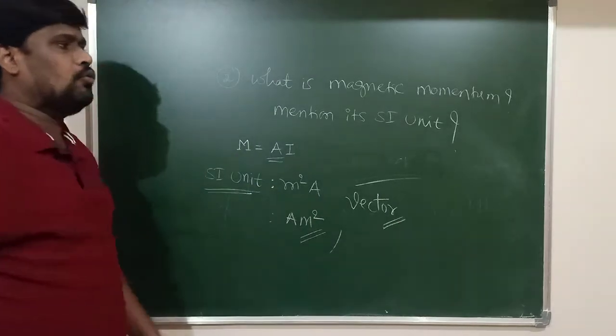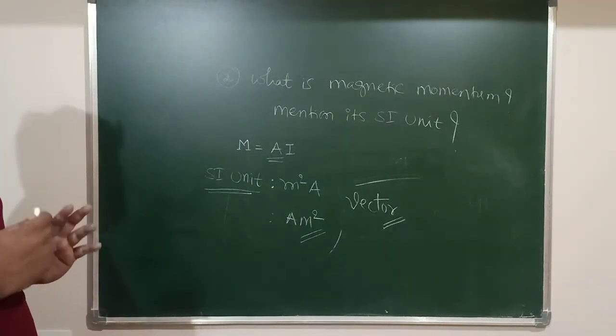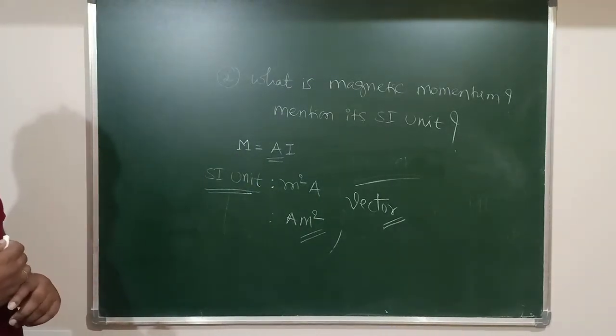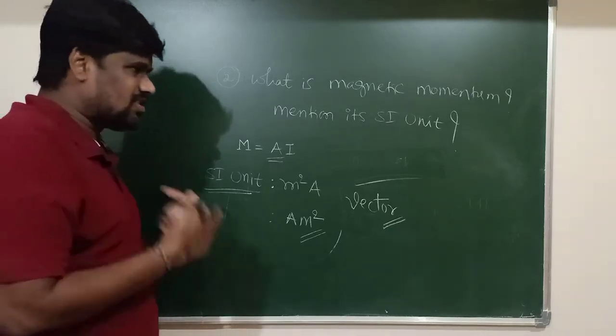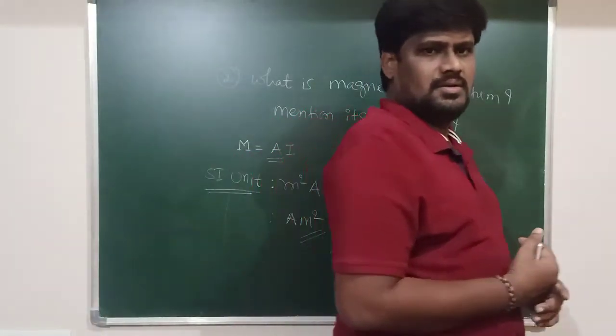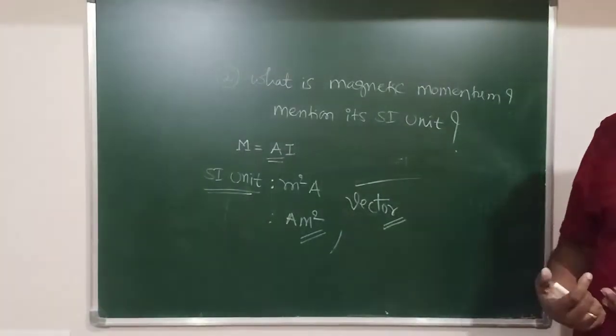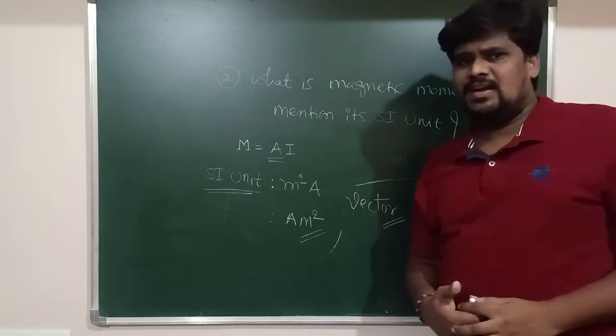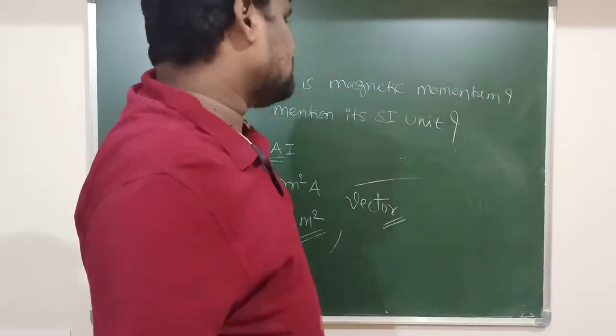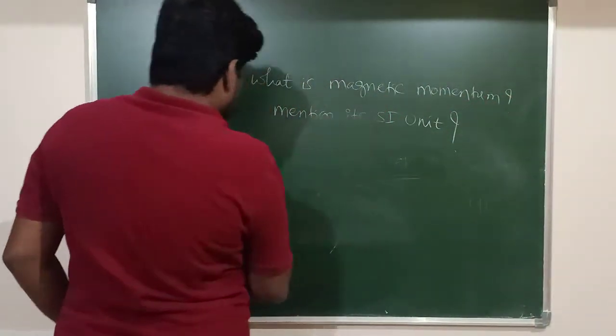The magnetic moment is a vector physical quantity. So this is the next definition we can expect in the examination from the lesson moving charges and magnetism. Next comes the third one.